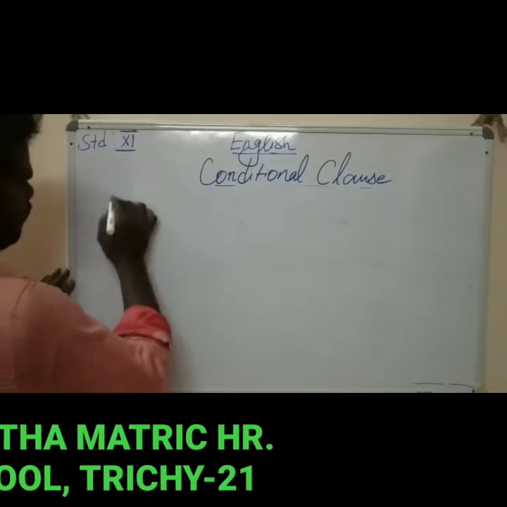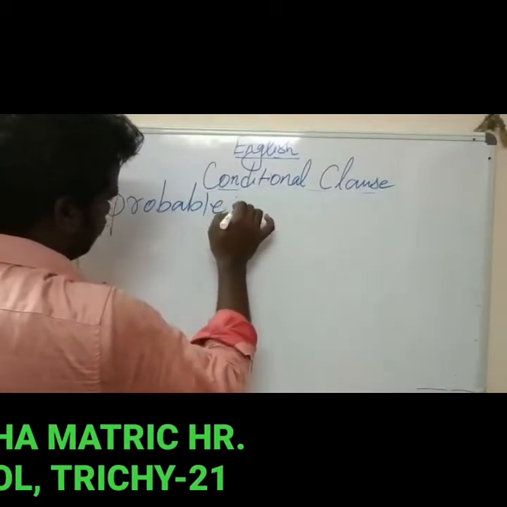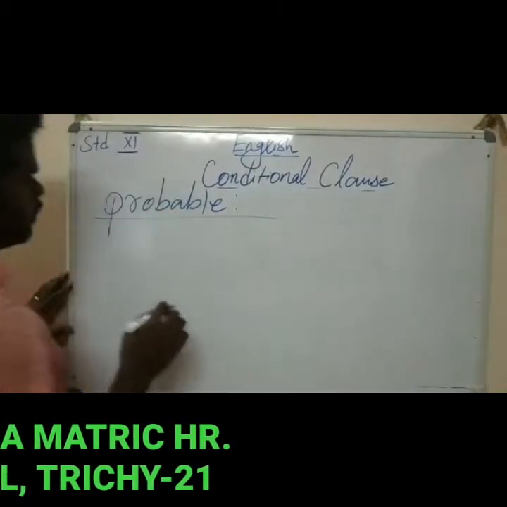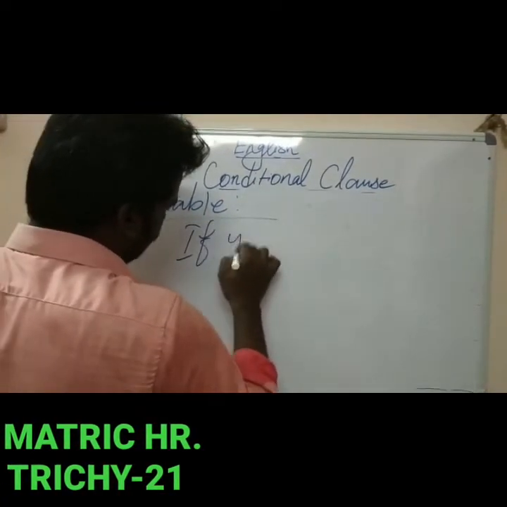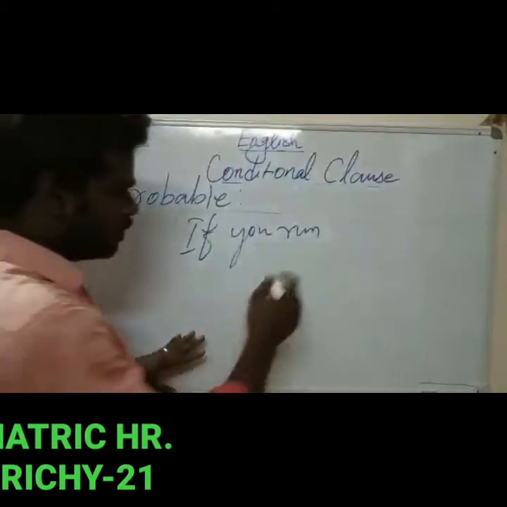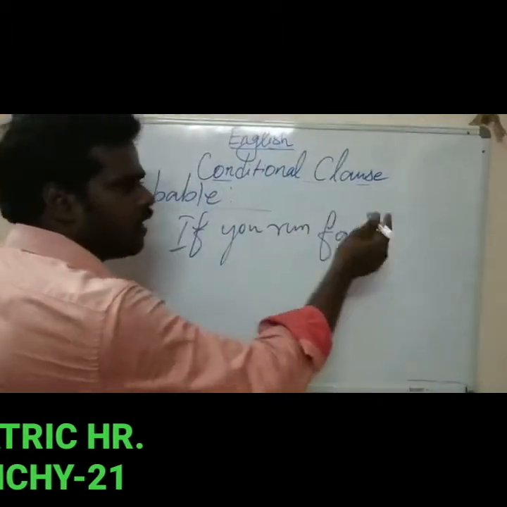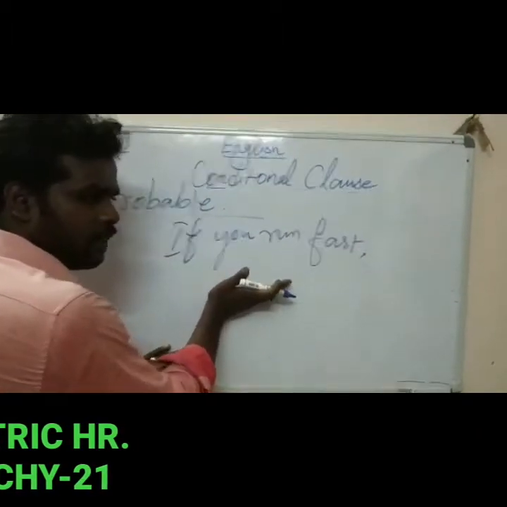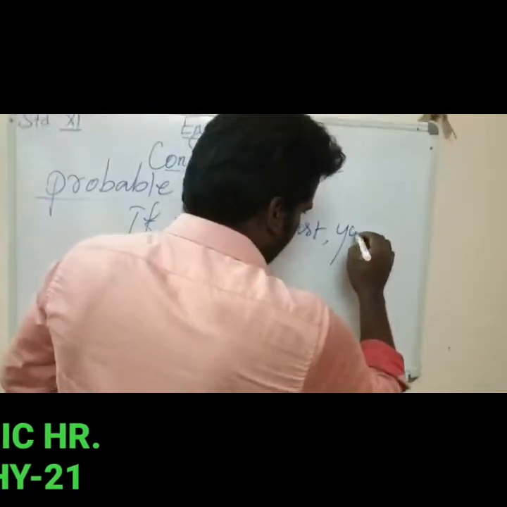First type, probable. For example, if you run fast, this is the condition part. The result part: if you run fast, you will catch the bus.